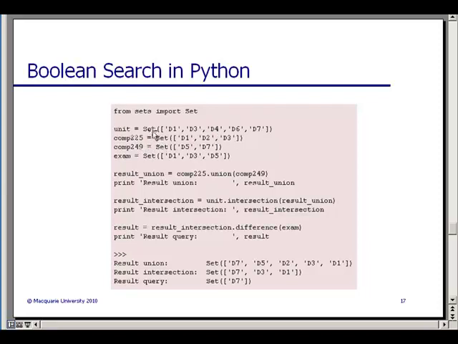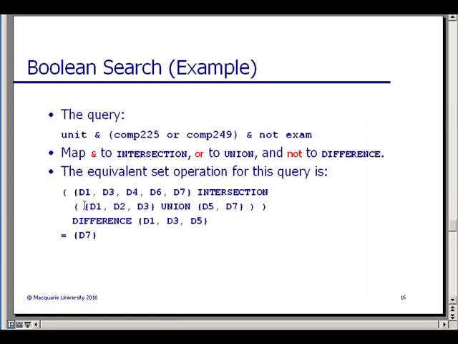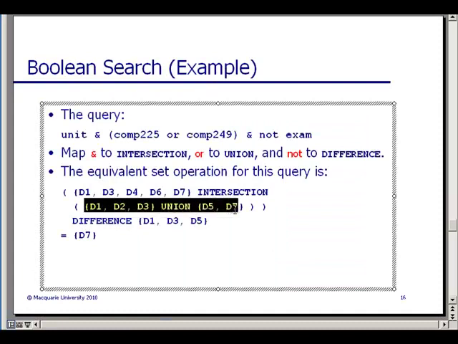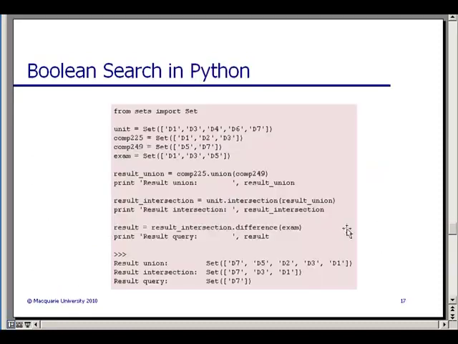I import set from sets, and I do my set operations in Python. What I need to do first is calculate the union between these sets of documents. So I calculate the union of COM249 and COM225, and this gives me the result union.